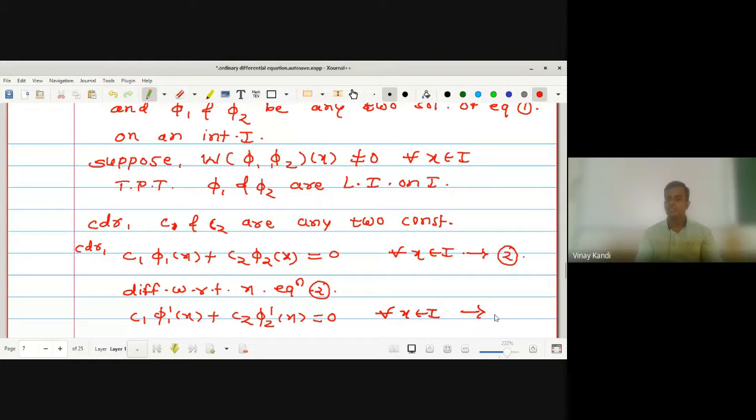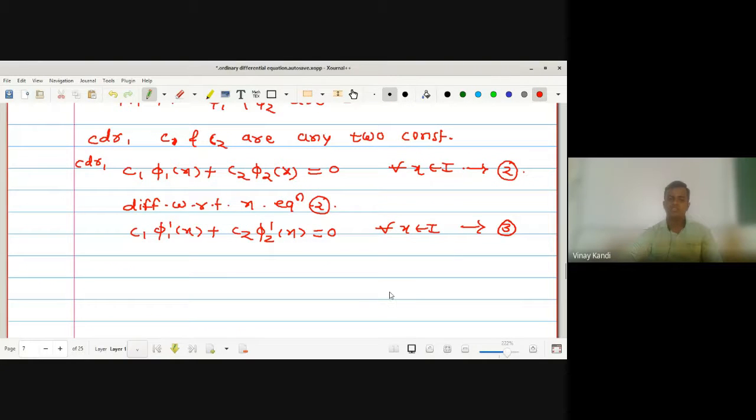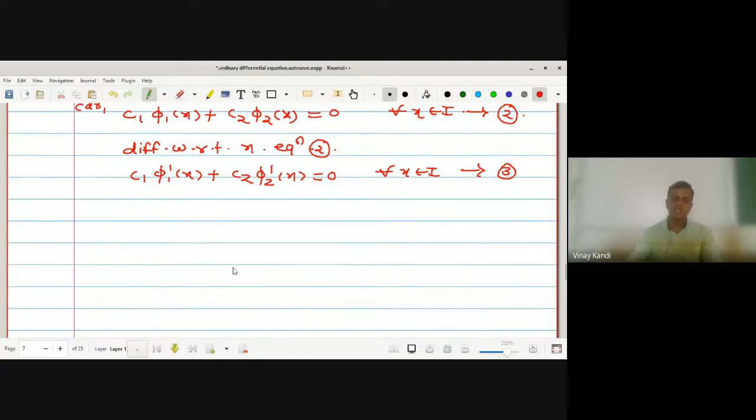Now we have a system of linear equations, so we can write it in matrix form, where C1 and C2 are the variables, and phi1 of x, phi2 of x, phi1 dash of x and phi2 dash of x are the coefficients of C1, C2.